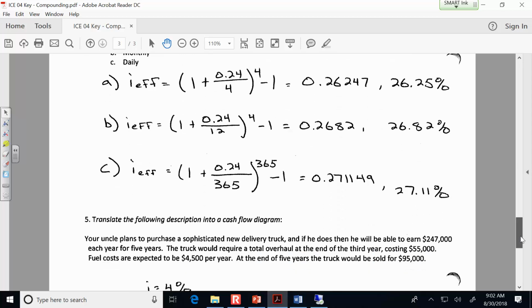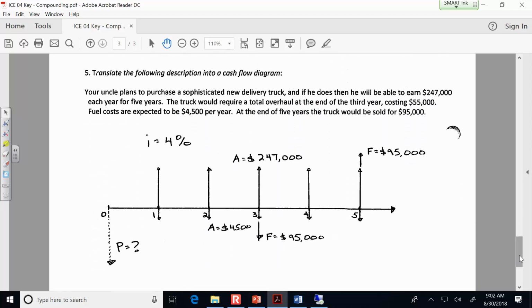All right. Translating the statement into a cash flow diagram, this is what it should look like. Just as a couple of the important things that should be on there, you need to have the interest rate written someplace. Of course, it's a horizontal line with tick marks that are roughly equally spaced apart to represent the time.